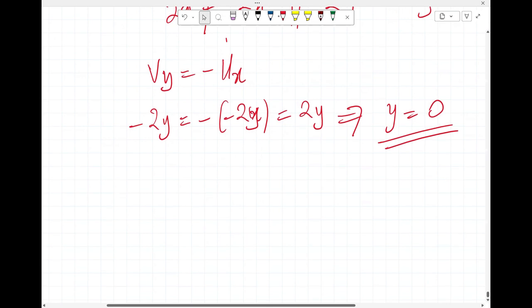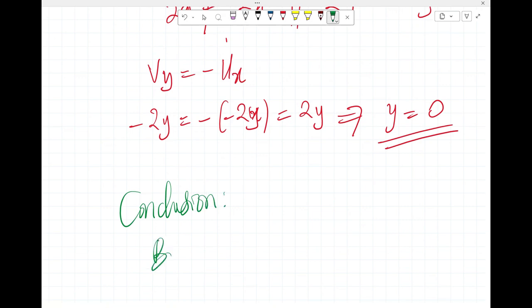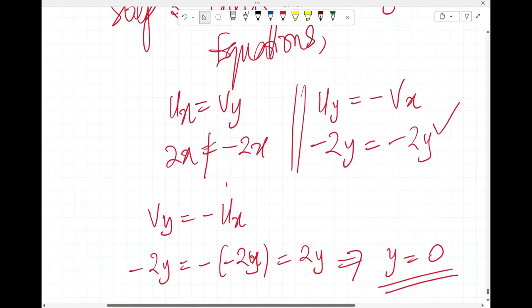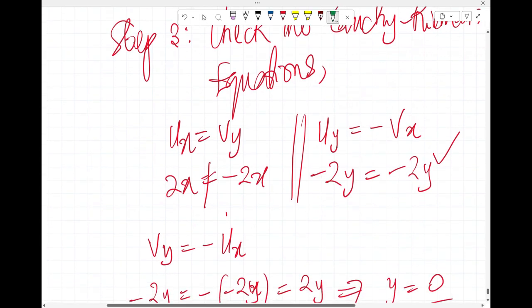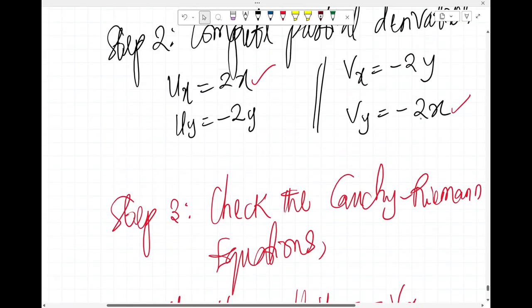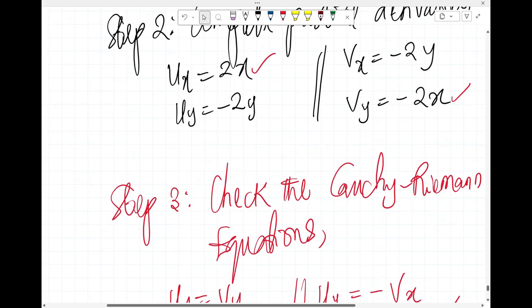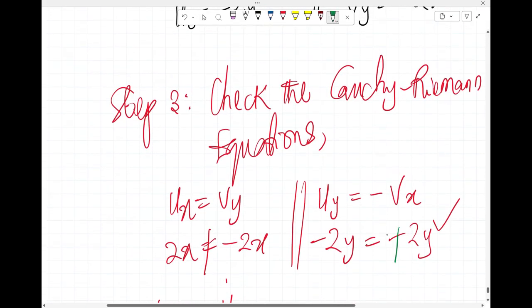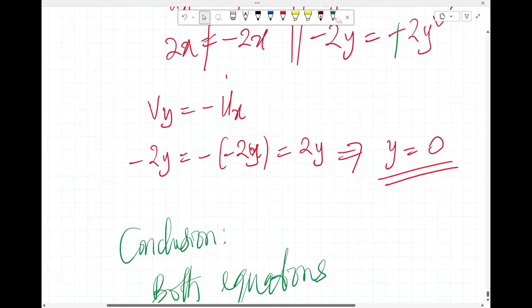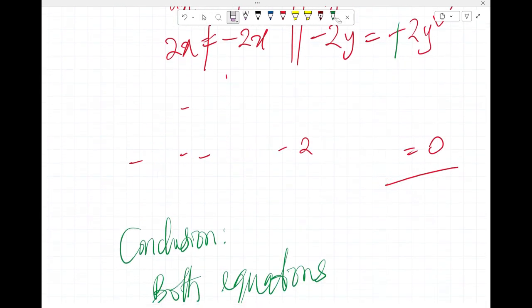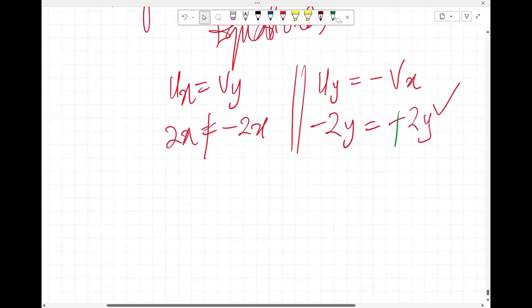So in conclusion, we can say that both equations hold, this is u sub x, u sub y, minus v sub x. So u sub y is minus 2y, right? Minus v sub x should be 2y. So if you look at both, it means that they can only hold at x and y equals 0.